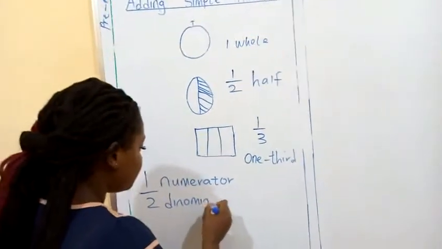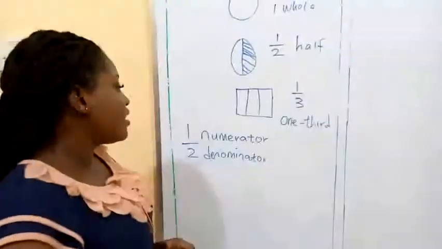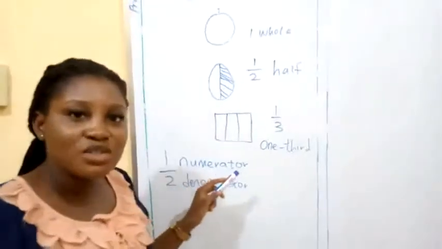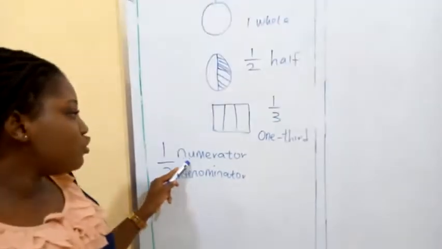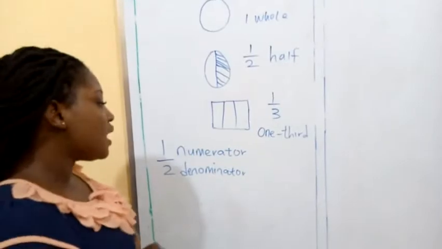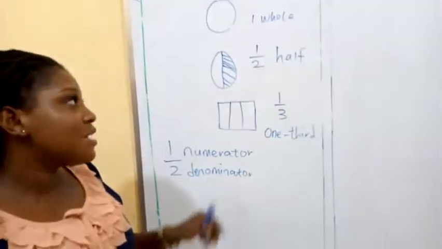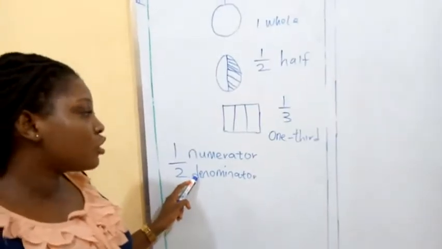Denominator. Okay, so the number up is called what? Numerator. Let's say it together. What did I say? Numerator. And the number down is called what? Denominator. So how do we call the number that is up? Numerator. And the one down is called what?